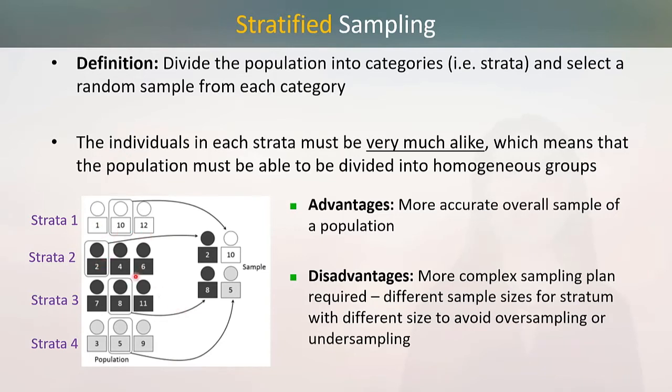Stratified sampling first divides the population based on their categories, and then selects a random sample from each category. For example, if we want to estimate the employment rate of students graduated from U of T, we may first categorize students into a few departments and randomly select samples from each department. The categories are also called strata, and individuals in each stratum must be very much alike.